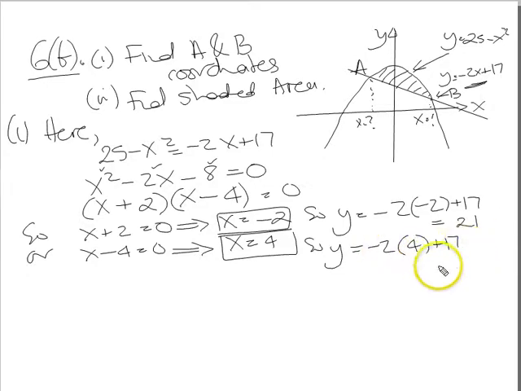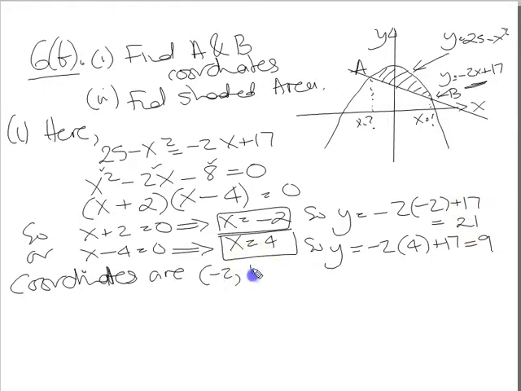Minus 8 plus 17 is 9, yeah? So the coordinates are minus 2 and 21. That makes sense. And it would be 4 and 9.